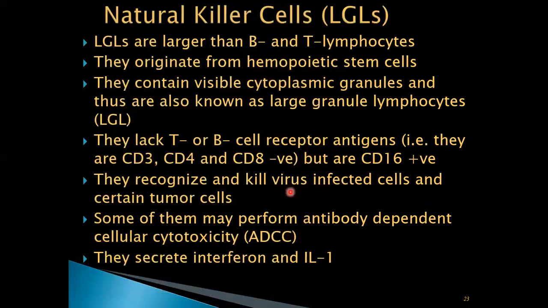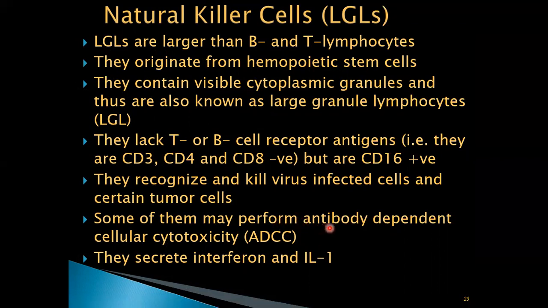So they recognize and kill virus infected cells and certain tumor cells. Some of them may perform antibody dependent cellular cytotoxicity. This means when a pathogen is coated by antibody, or a cell is attached by an antibody, then the natural killer cells or the LGLs also attack these antibody coated cells.